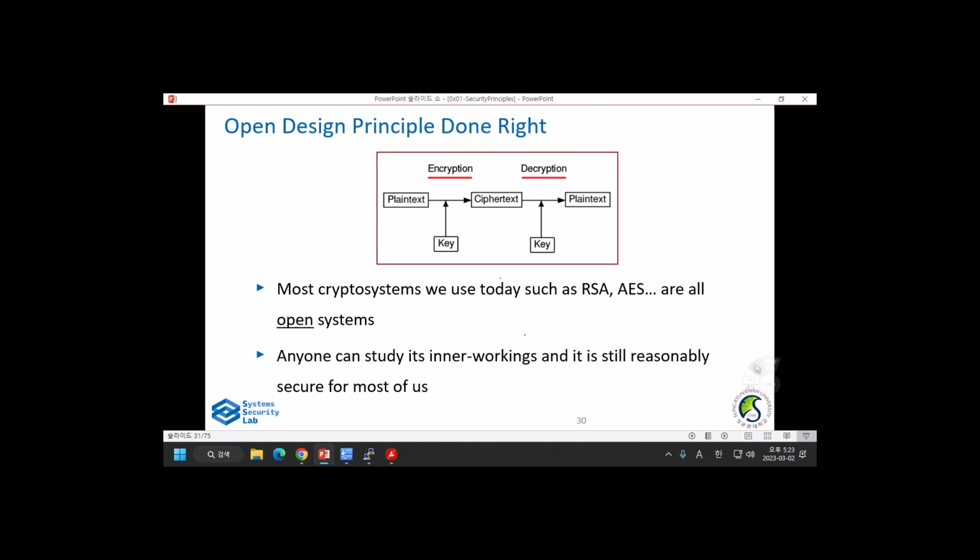Because they're open, there have been vulnerabilities found in these crypto systems before. So anyone can study their algorithm or their implementations and find problems and report them. So the open design principle is the default in today's secure systems.